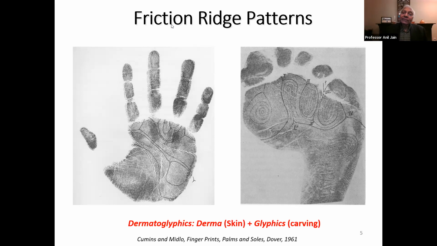And so there's a scientific field called dermatoglyphics, where derma means skin and glyphics means carving. So this is the carving on the skin. And this has led to what has been referred to as palm print recognition, fingerprint recognition, and footprint recognition.